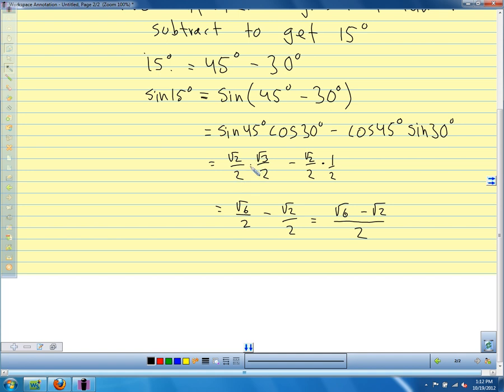I didn't multiply correctly. I multiply straight across, so my denominator should be 4. Yes, sine of 15 degrees is square root of 6 minus square root of 2 over 4. So that would be the exact value of the sine of 15 degrees.